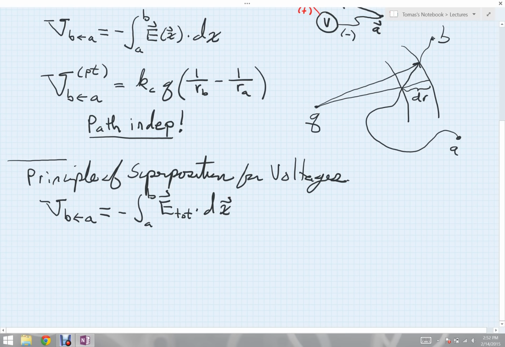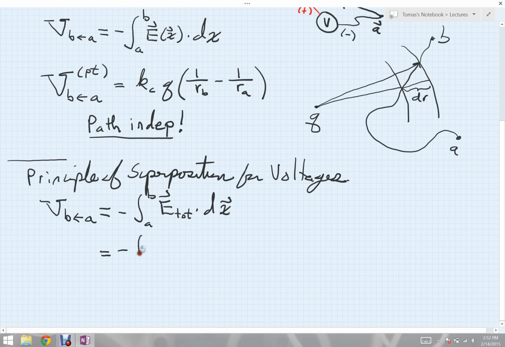Next, we use our ordinary principle of superposition. We know that this total electric field can be written down as a sum of the electric fields that are contributed by each and every point charge that makes up our system. So this might look something like this then.